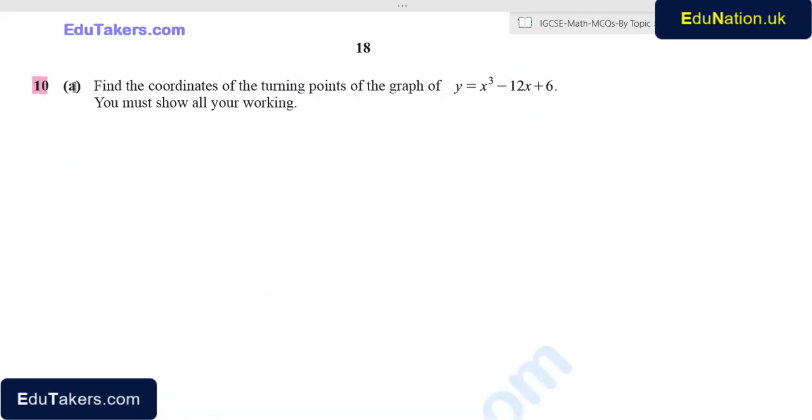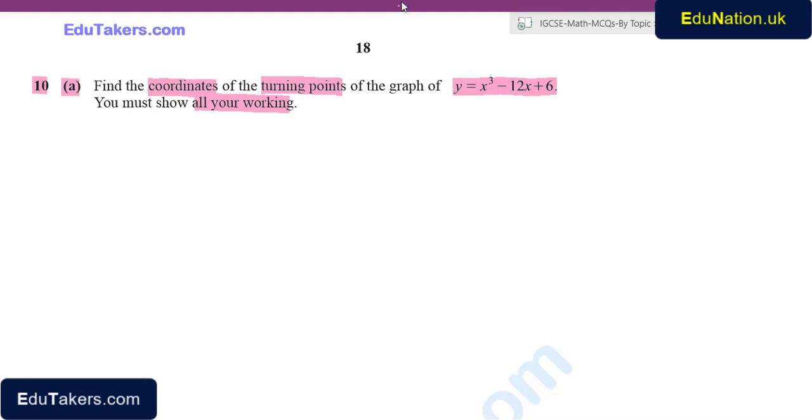Question number 10 part A is find the coordinates of the turning points of the graph of y is equal to x cube minus 12x plus 6. You must show all your working. At turning point, the tangent of the graph is 0.